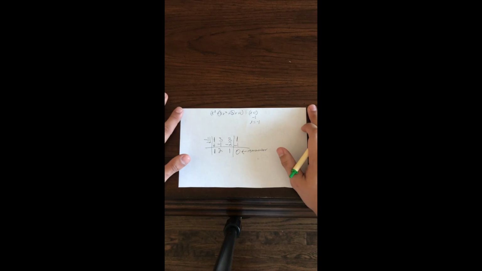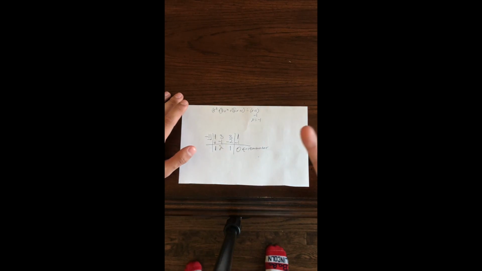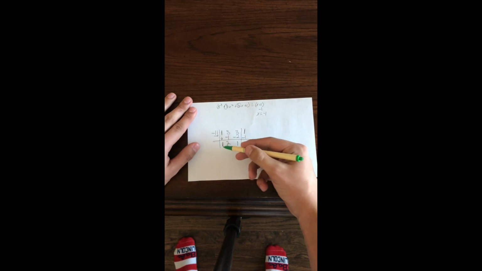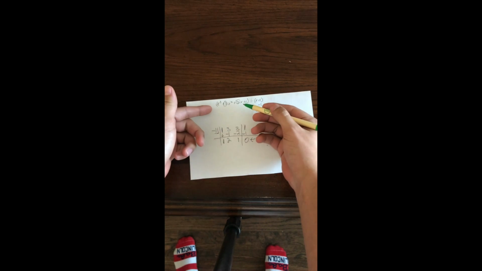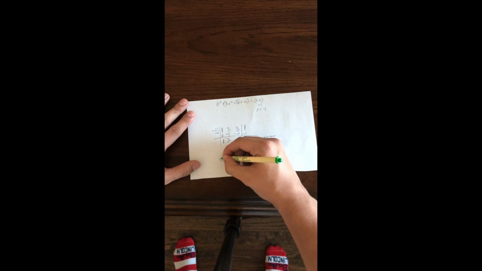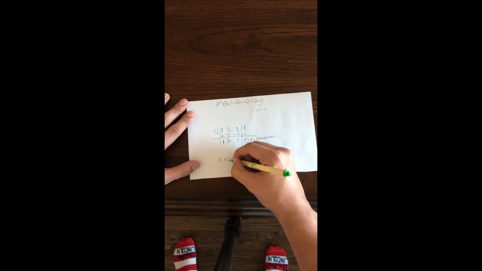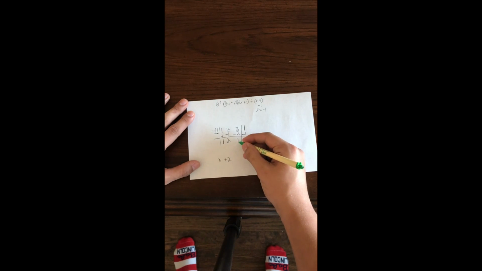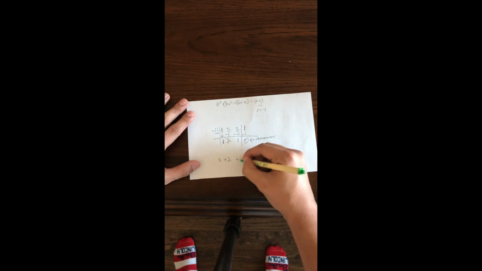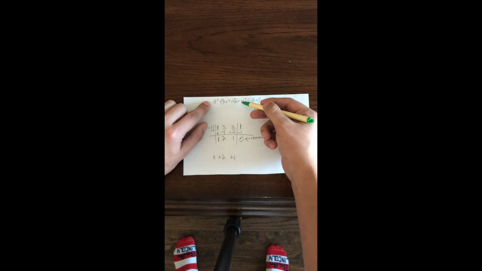Now, to finish off this problem, we're going to put these numbers down here into standard form. These are your new coefficients for your new answer. So this 1 represents just 1x squared. This 2 represents a +2x, and then this 1 represents a +1. Now go back up to the original problem.